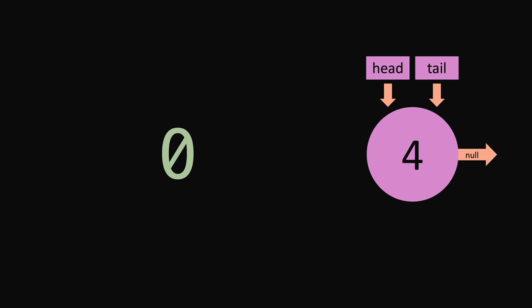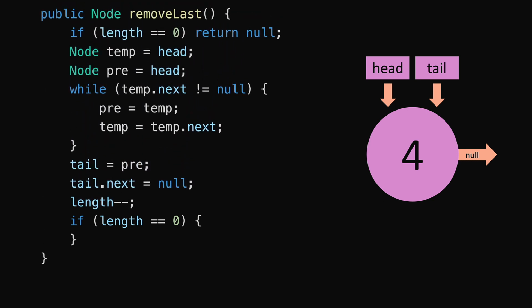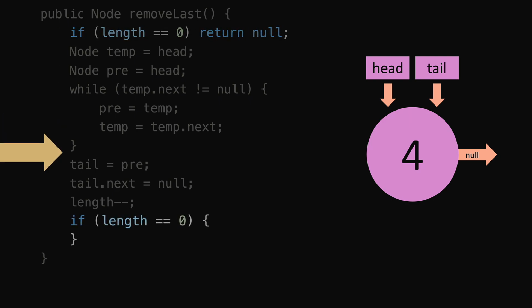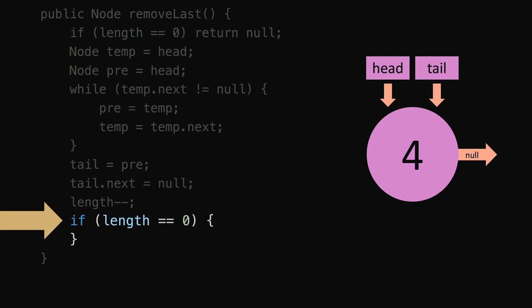So we've run through all of this code. We've decremented the length, made that 0, but head and tail are still pointing to that same node. And that is the problem, and that's why this is an edge case. So what we're going to do is say if the length is equal to 0, and I'm going to bring our code back here because we have if length equals 0 here, and we have if length is 0 here.